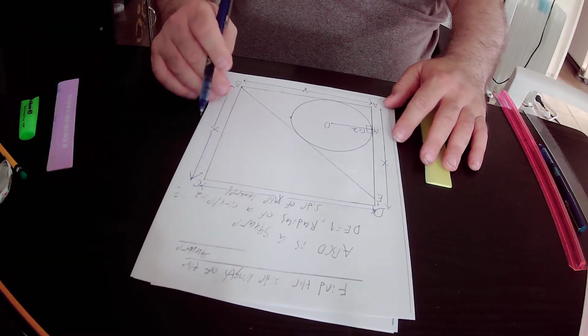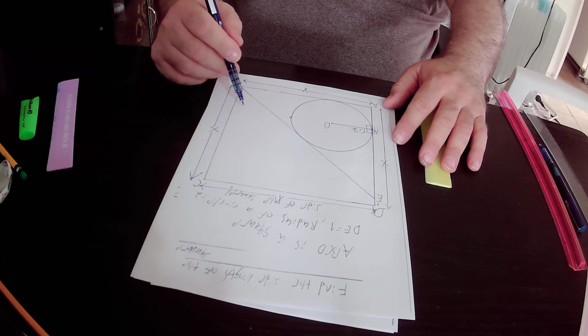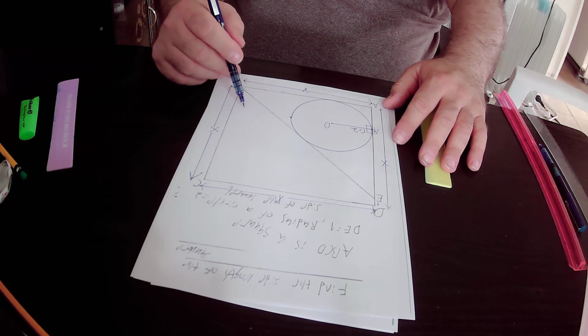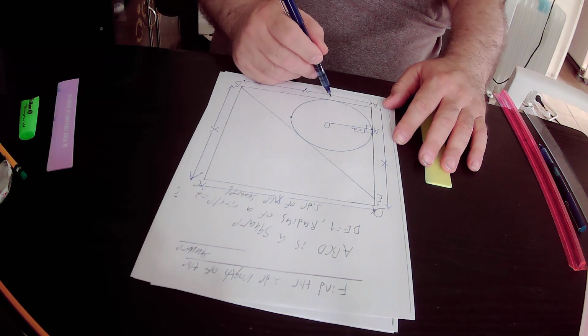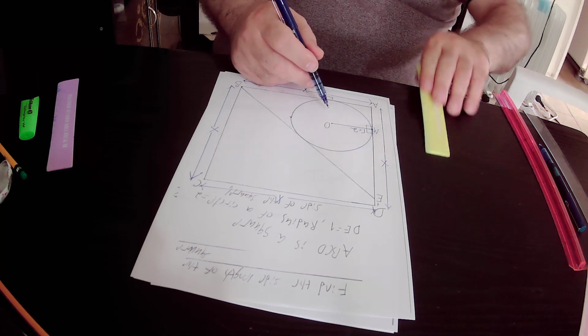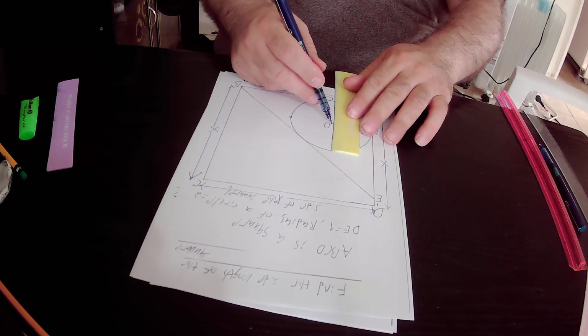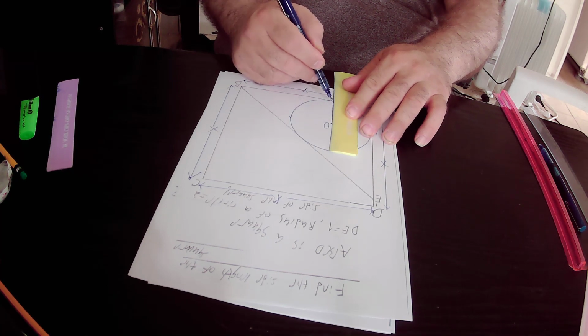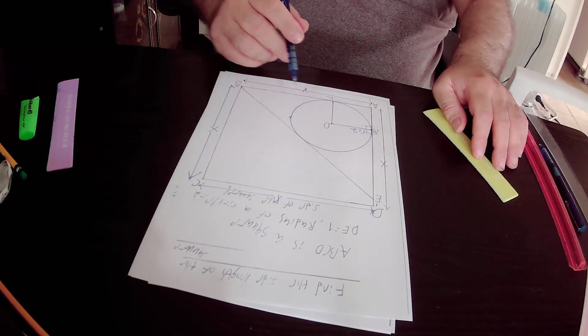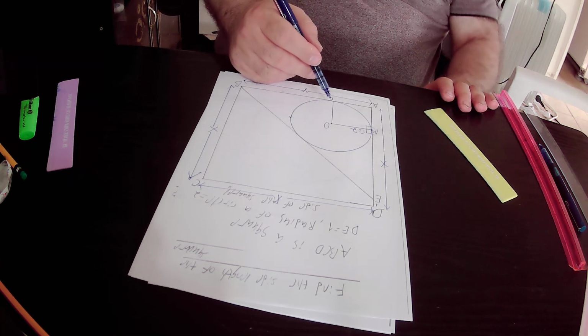We define the point of tangency of tangent AB with this circle as L. We join points O and L together by a straight line. OL is the radius of this circle.